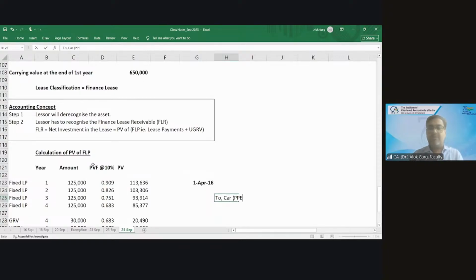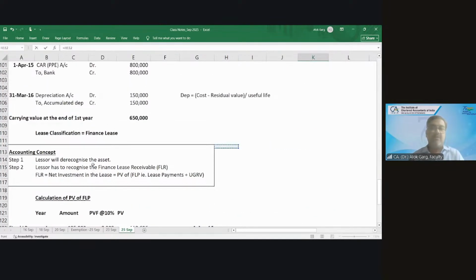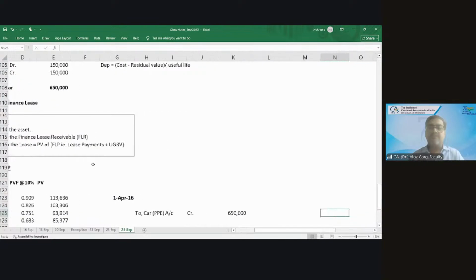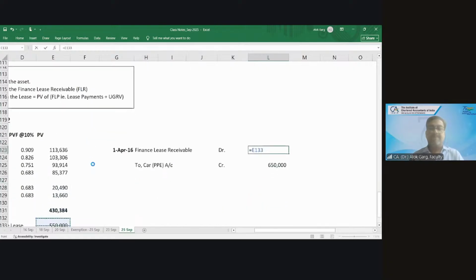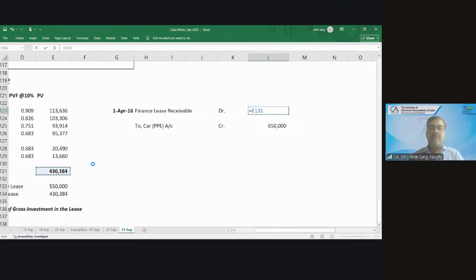So the car PPE account, at what value will I credit it? What was the value at the end of the first year? 6,50,000. What do I debit? Debit net investment in the lease, or finance lease receivable, same thing. And what is the value of the net investment in the lease? 4,30,384.